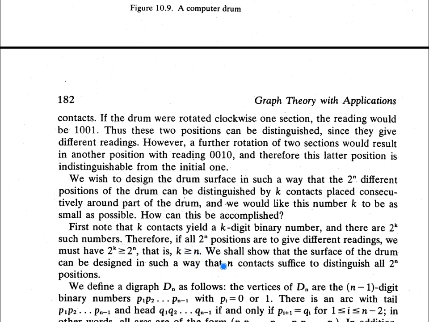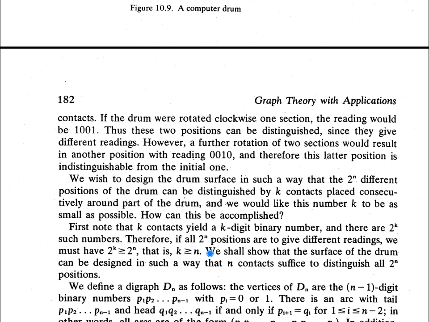Okay, and you define a digraph in this way. The vertices are, be careful, n-1 digit binary numbers, or if you prefer, which is actually closer to the reality, not consider them as binary numbers, but consider them only a string of n-1 binary digits, either 0 or 1.